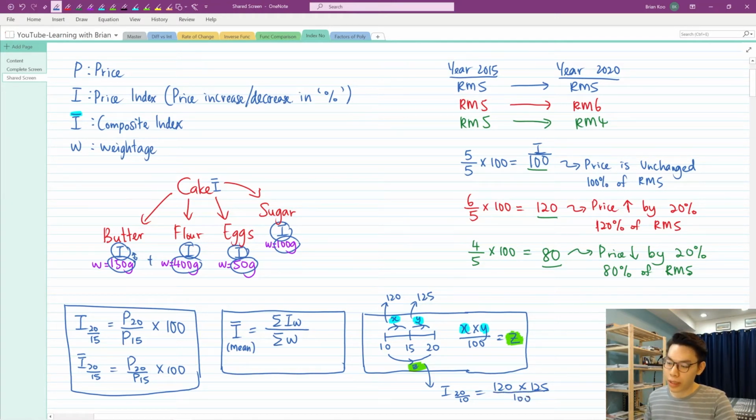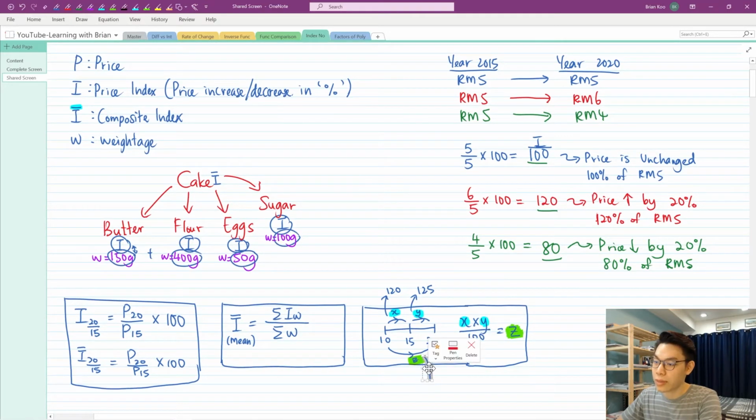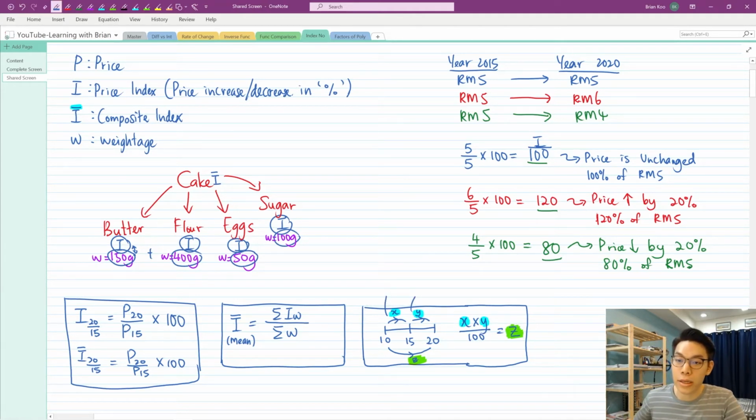Type in your calculator, then you can get the answer. So basically, these are the three formulas that you must know in order to solve the questions in exams. Alright, so you will notice that your first formula, the first box, is all related to price only.